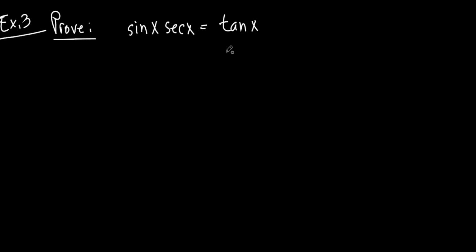This could have been tangent x equals sine x secant x. So which one looks a little more complicated? This one right here. They're being multiplied times each other.